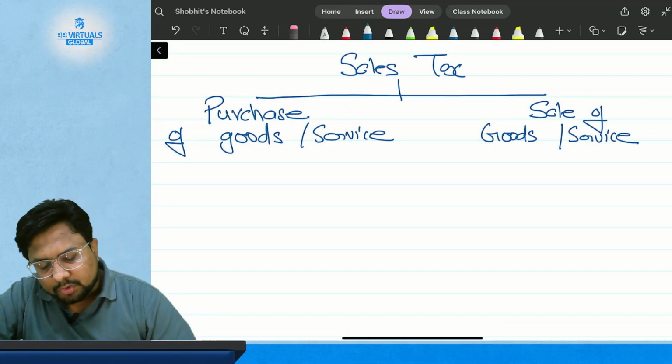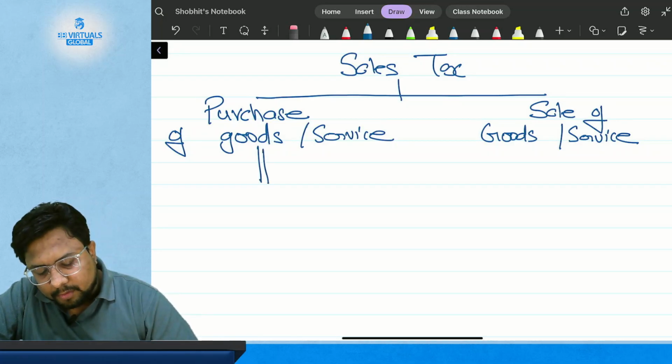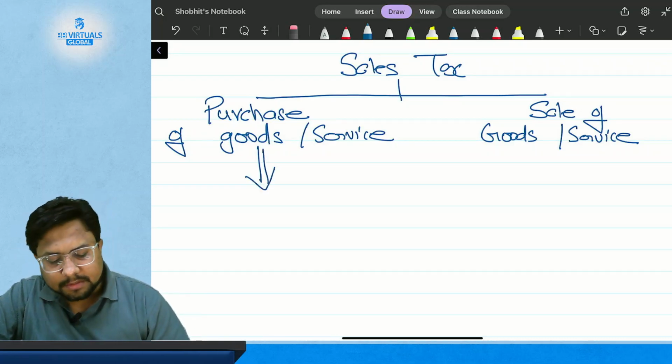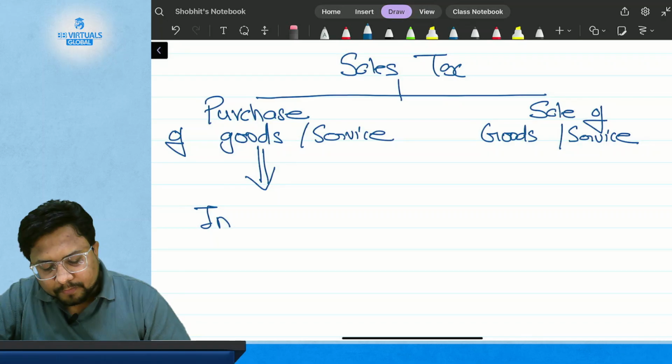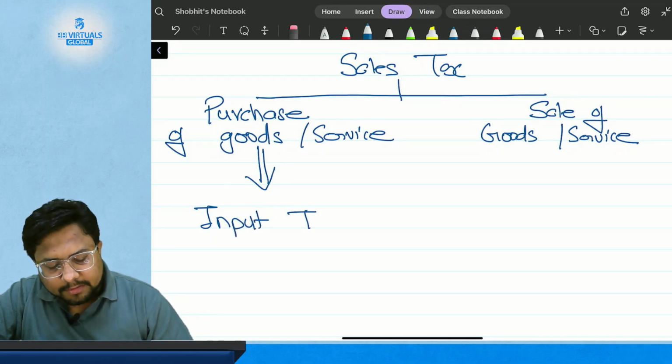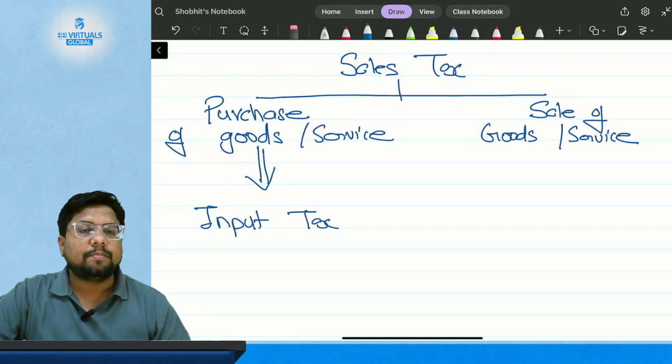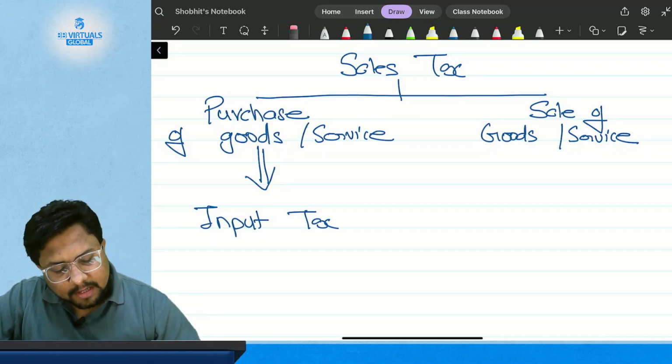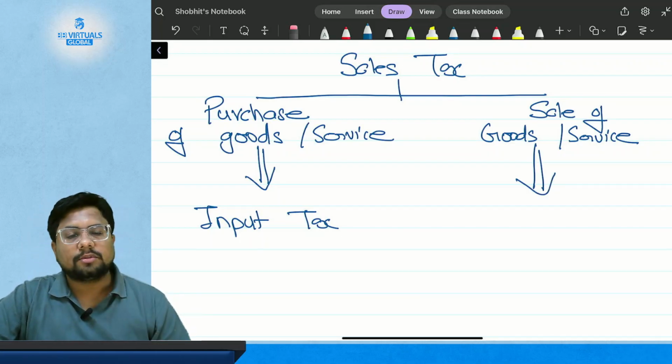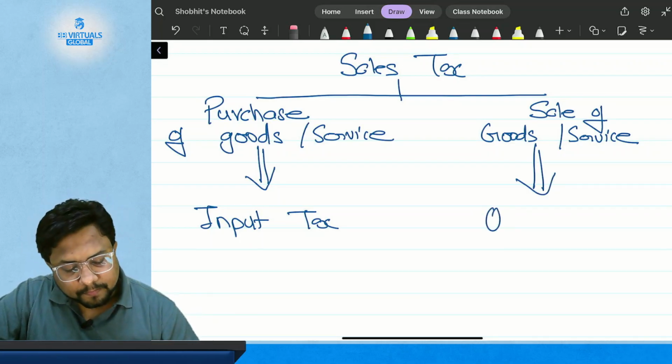Okay. Whatever tax is levied on the purchase of goods and services is known as input tax. And whatever tax is charged on the sale of goods or services is known as output tax.